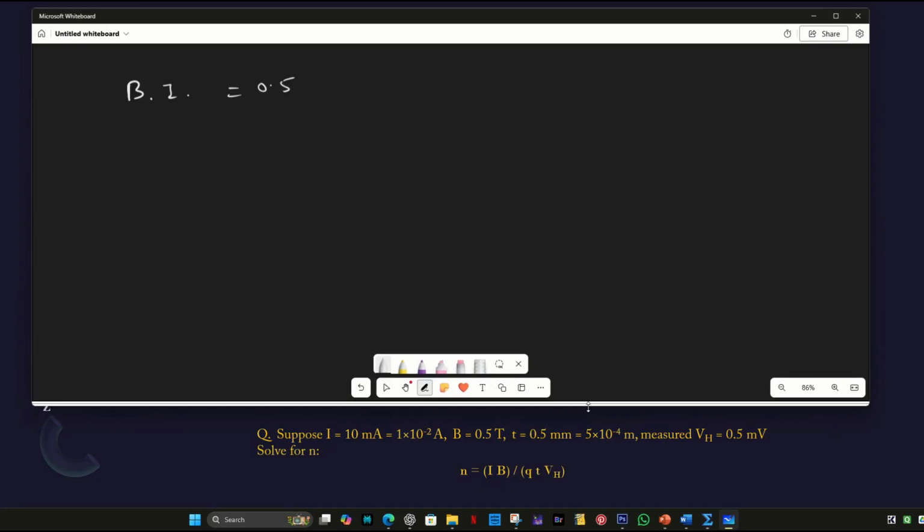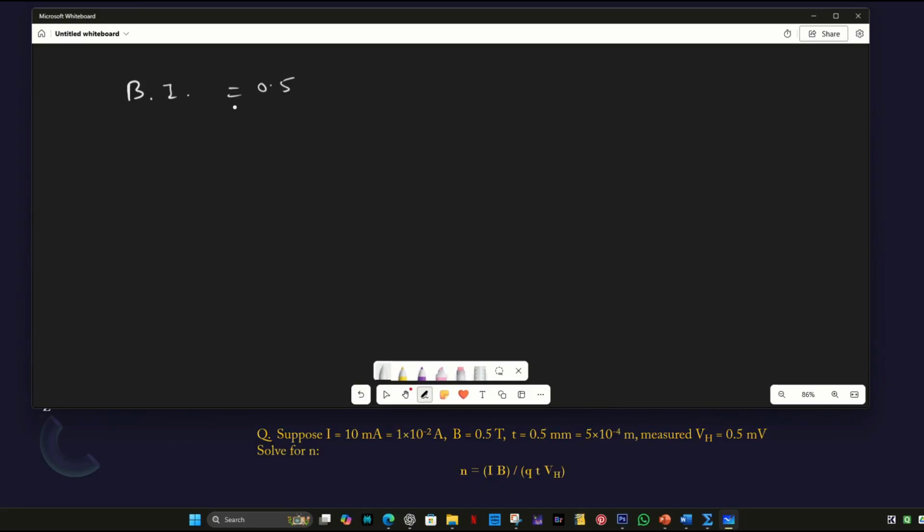So B is 0.5, then I is 1 into 10 to the power minus 2, so this is coming as 5 into 10 to the power minus 3. Similarly, we have q t VH, where the Q value is 1.602 into 10 to the power minus 19, then the value of t is 5 into 10 to the power minus 4, and the value of VH is 0.5 into 10 to the power minus 3.